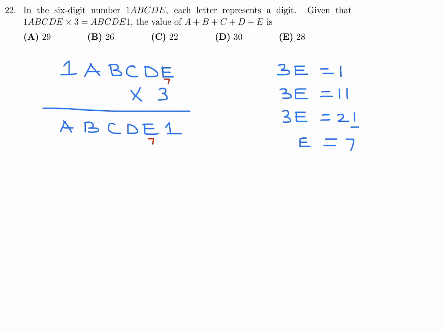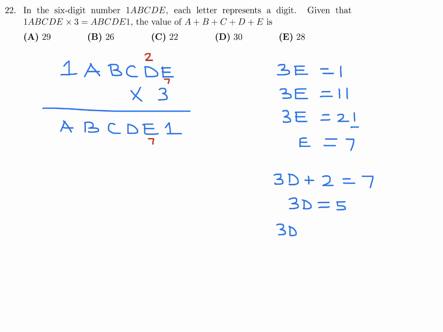So that's basically representing the value. Okay, let's keep going. So that means 3 times D plus the carry, right? Because 3 times E is going to be 21. So you put the 1 here, but then of course you got to carry the 2. So in that style, 3 times D plus 2 has got to be equal to that E, which is 7. Okay, well 3D therefore equals 5, but that's not possible, right? Because D's got to be an integer.